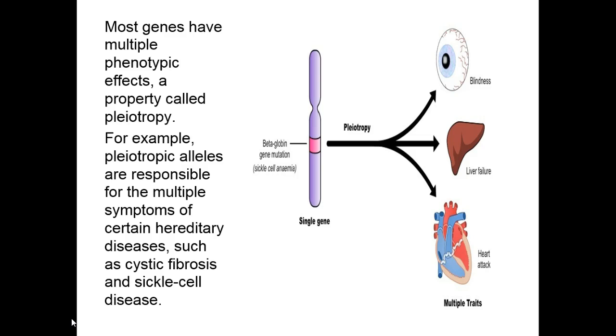And this change in shape not only makes that red blood cell less likely to carry oxygen, it makes it more likely to clot. And unfortunately this clotting can make an individual very, very sick, but also can lead to blindness, liver failure, and a heart attack. So some pretty severe effects of that particular allele.